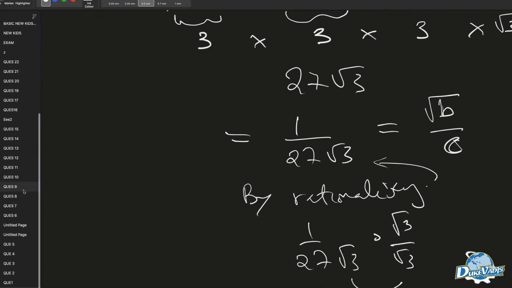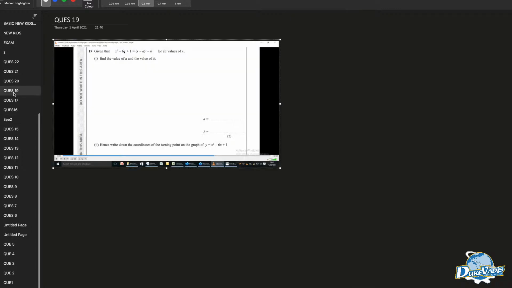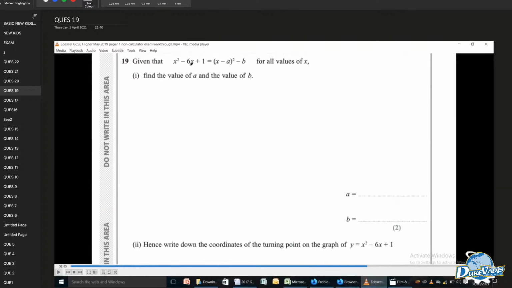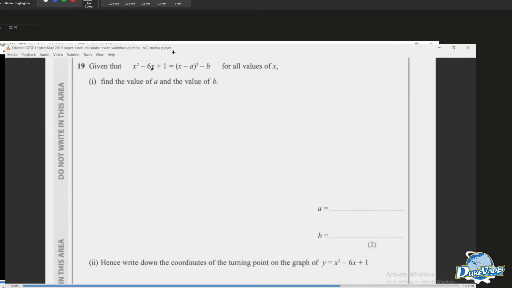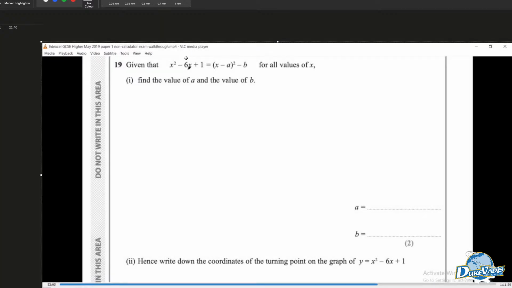So question number 19 is what we have over here. Let's expand it as usual to be able to see it in big, and place it well so we can see it properly.